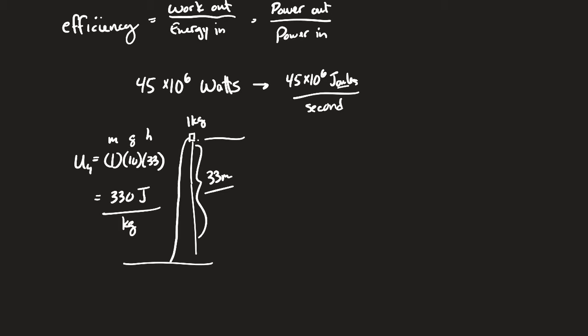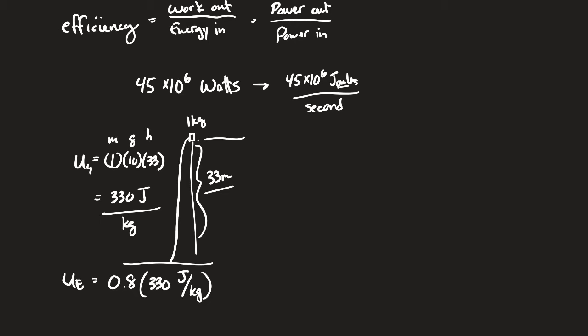I'm trying to be very clear about this. You get 330 joules per kilogram of water, but the dam is only 80% efficient. So the electrical energy you get from this is only 0.8 times 330 joules per kilogram from the fall of the water. This represents how much electrical energy you get per kilogram of water.